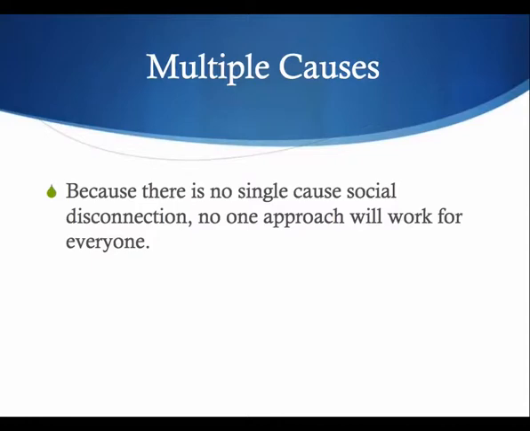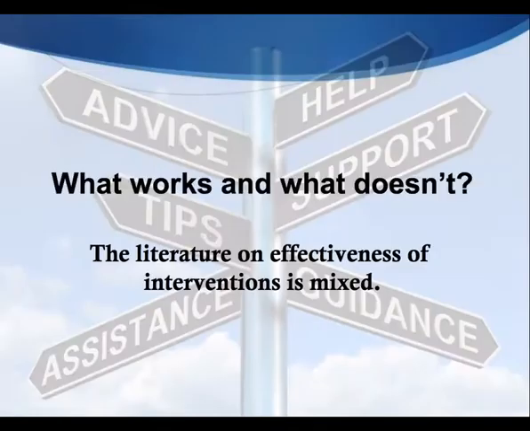But we also need to recognize that many other current public health issues also have multiple underlying causes, and therefore this should not be a limiting factor in addressing this issue.